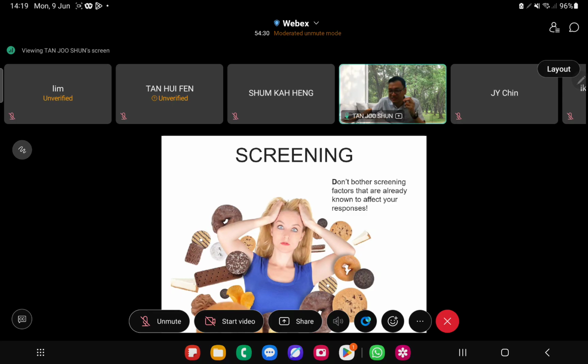The flour is 10 grams, so you won't change that. If you already know that this must be added and this amount must be added, then you do not need to screen this factor again. You just need to screen those factors that you are still unsure about.